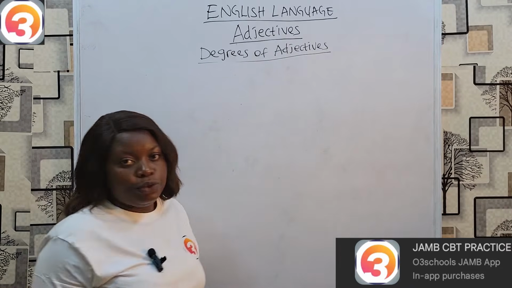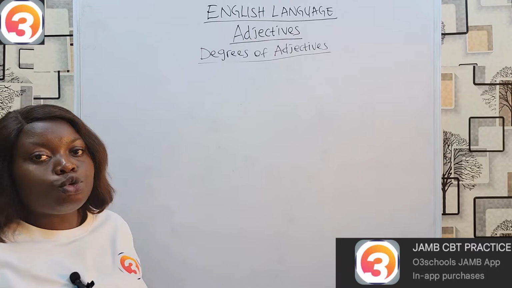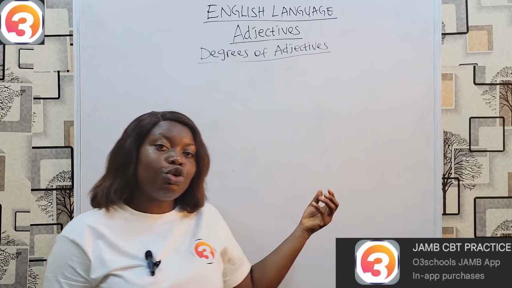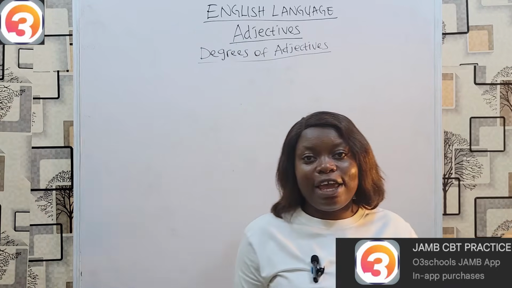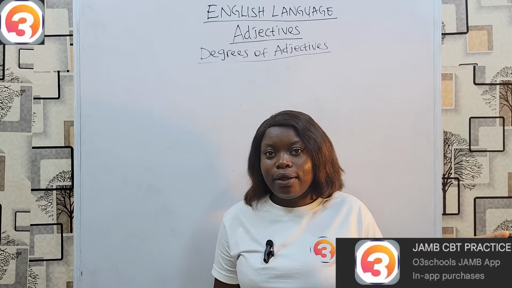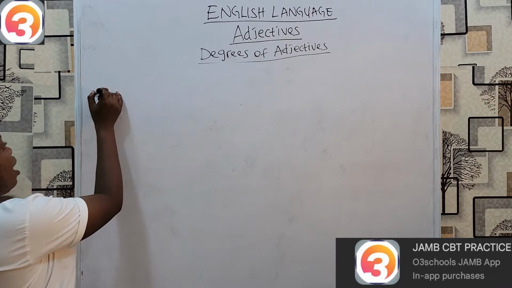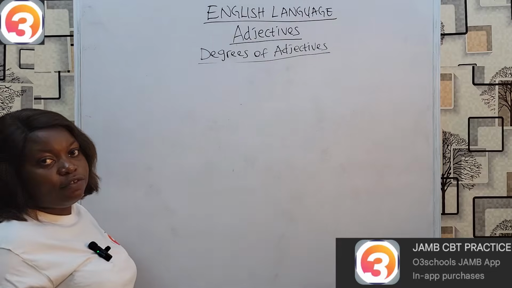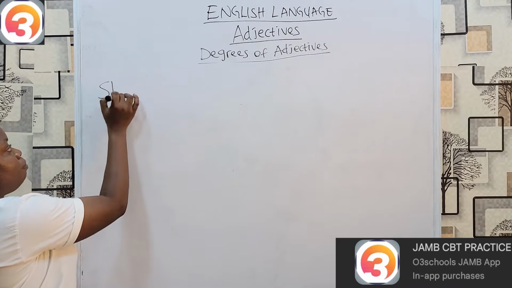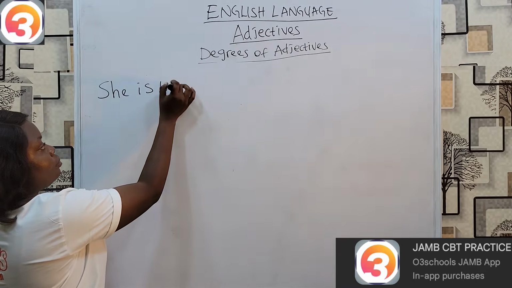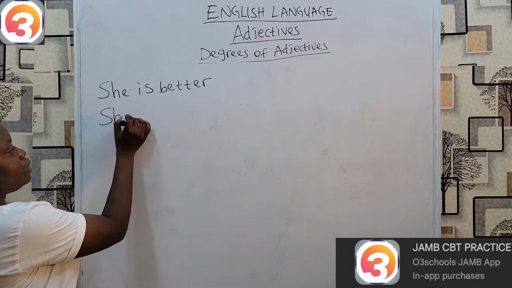How do we go about using them? Two comparative or two superlative adjectives should not be found in a sentence. A common saying people like using is more better. That is not correct. You cannot have two comparative adjectives or two superlative adjectives at the same time. So she is better, not she is more better.